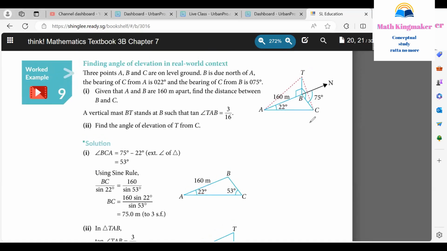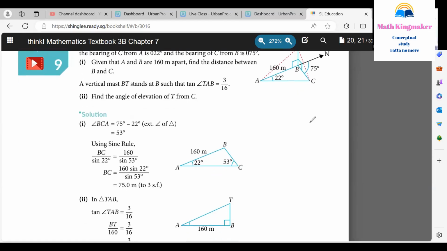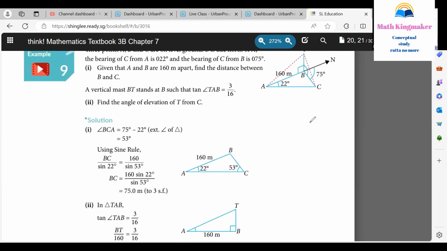Now find the angle of elevation of T from C. You have to see T from C. Whatever angle it is making with the horizon, that will be your angle.